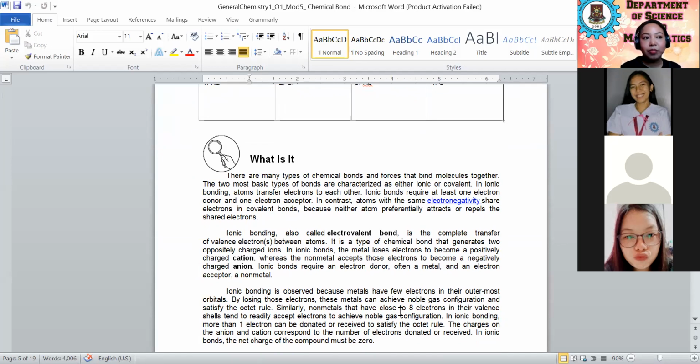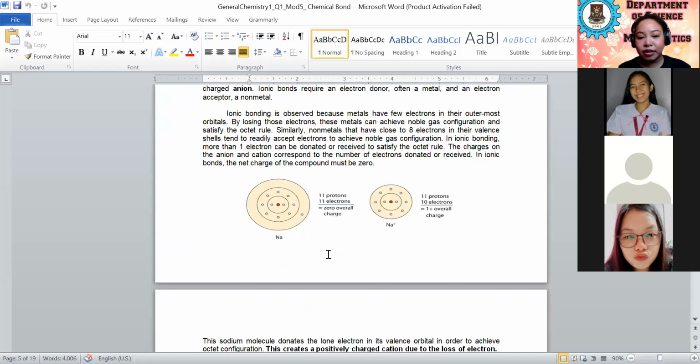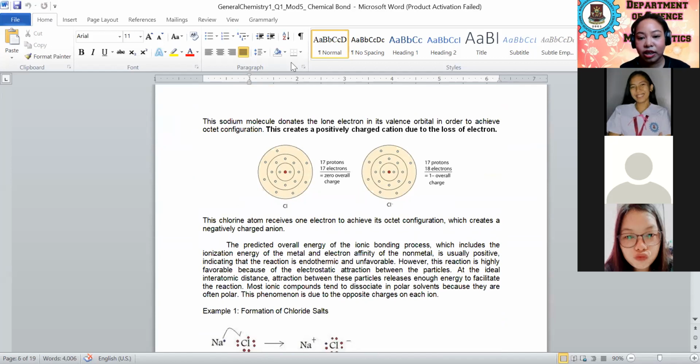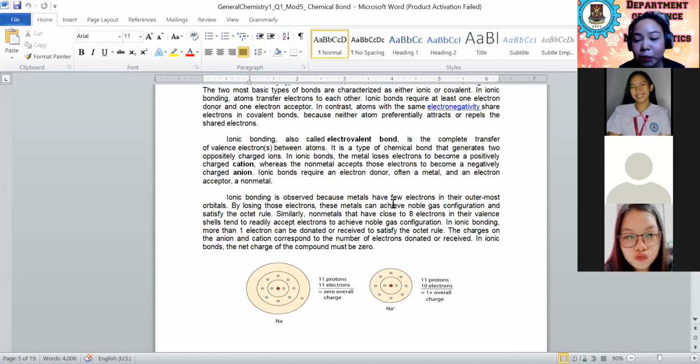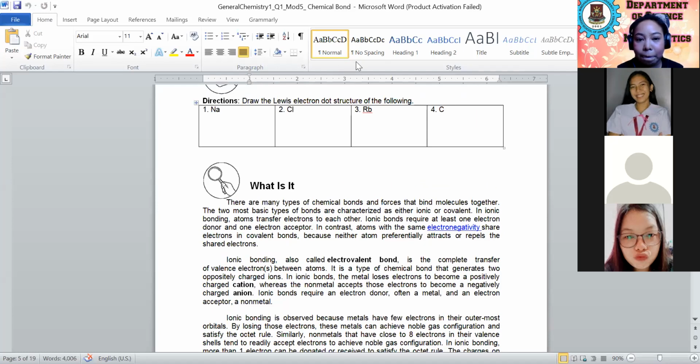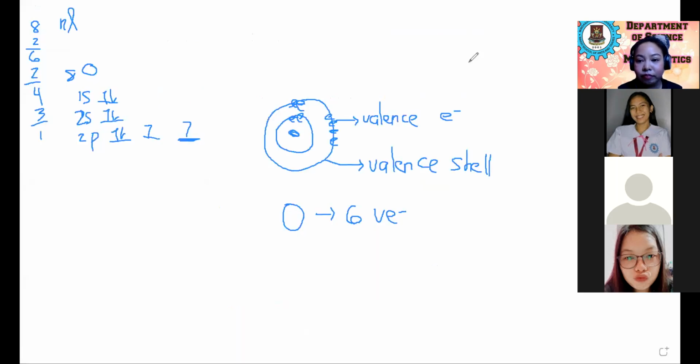So say for example, si carbon, how many valence electrons does carbon have? Kinsay makatag-an pilay valence electron ni carbon? Anyone? Four, ma'am. Very good.